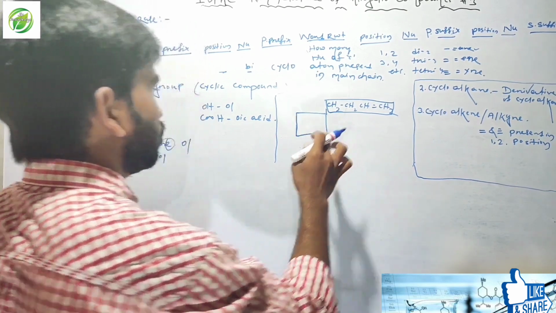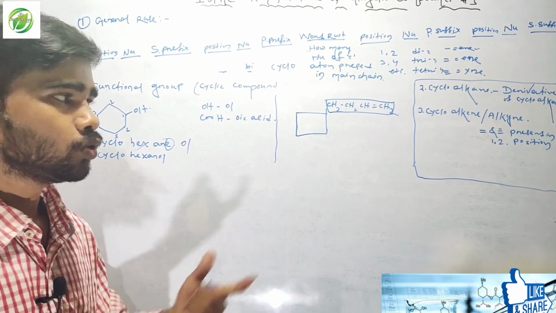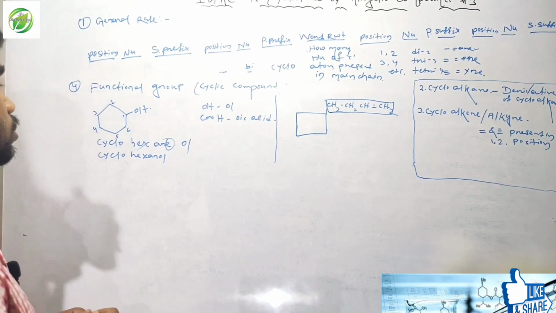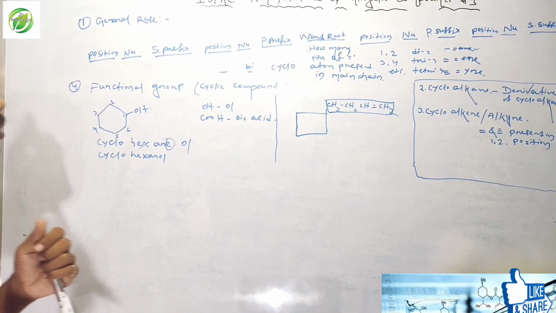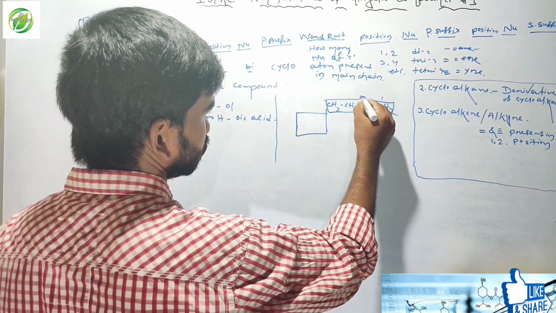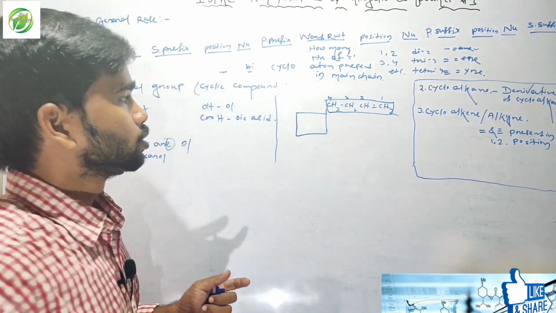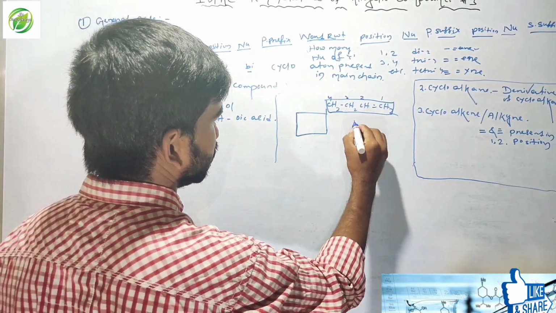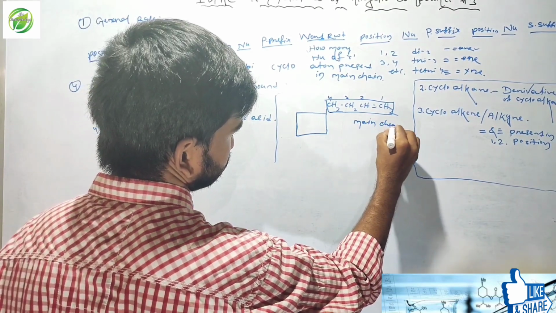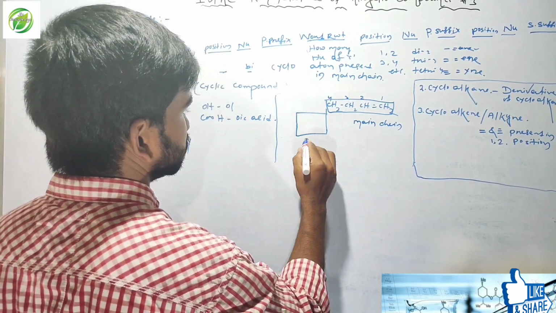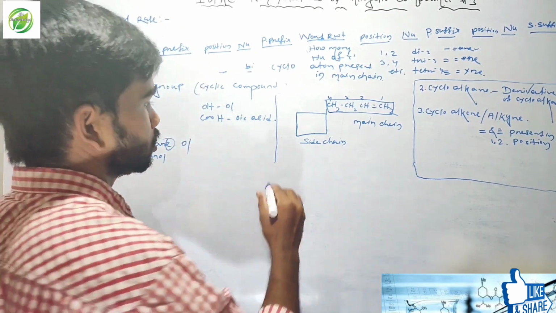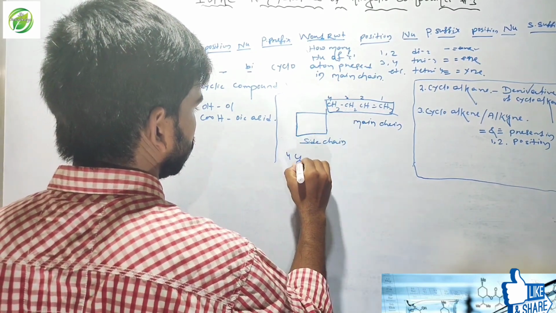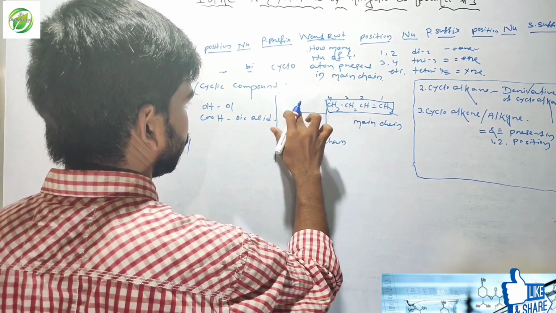Friends, we simply follow the lowest locant rule and start numbering. 1, 2, 3, 4. So friends, this is our main chain and this is our side chain.